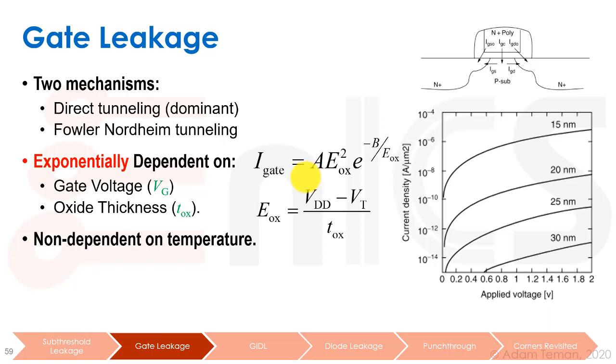One of the models is over here, and you can see the dependence on the oxide thickness, Tox, and on the gate voltage, VG or VDD in this case. It is not very dependent on temperature, and that can be exploited by circuit designers.